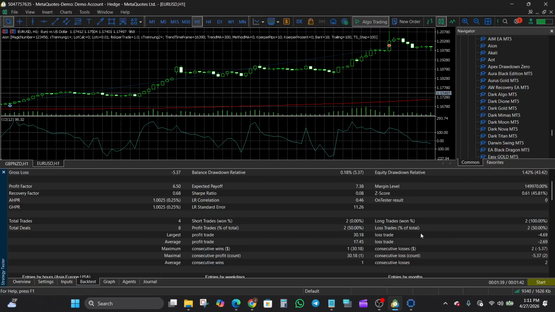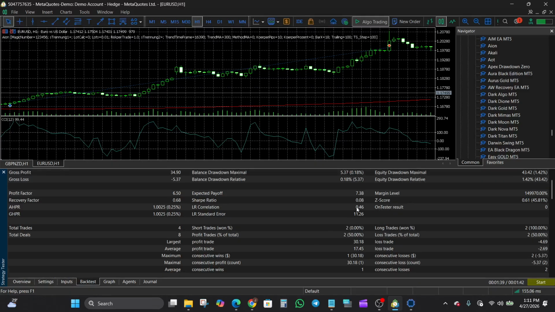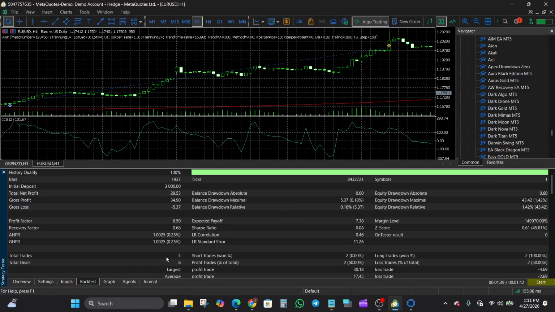That tells us that the risk to reward ratio was actually excellent, just like we observed during the test. The average profitable trade was $17.45. The average losing trade was just $2.69. Excellent risk to reward ratio. But you will notice that only 4 trades were taken. So the expert advisor was careful with the number of trades being executed. It's not a high frequency trading expert advisor.